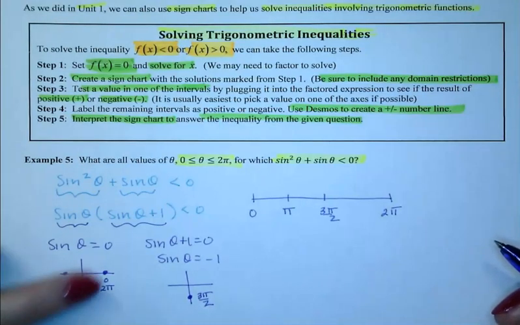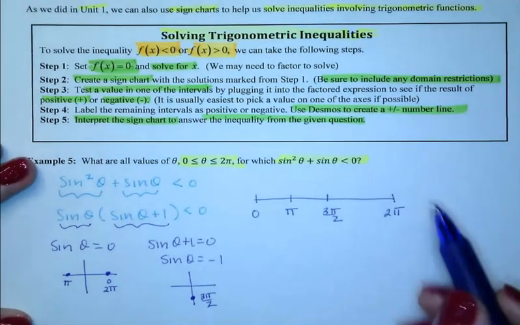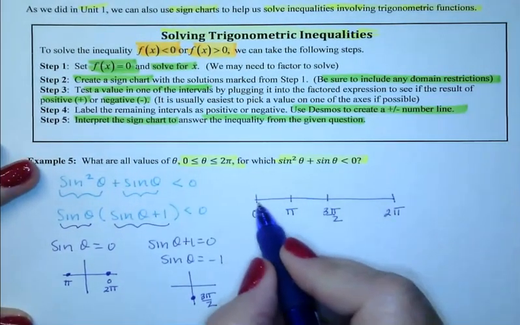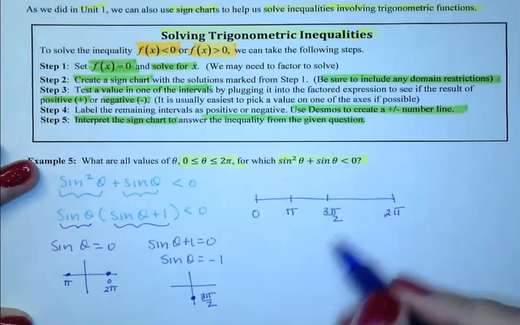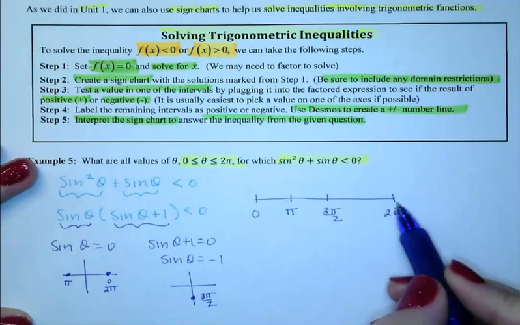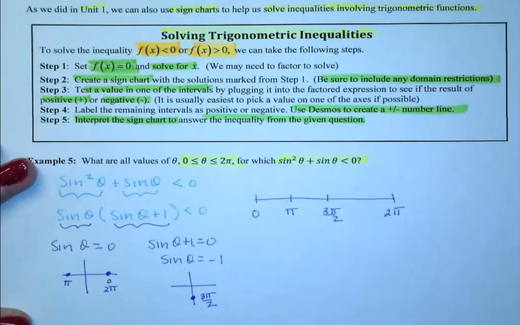All right. So 1, 2, 3, 4 things. So those 4 things split our number line into 3 pieces: one from 0 to pi, one from pi to 3 pi over 2, and one from 3 pi over 2 to 2 pi.